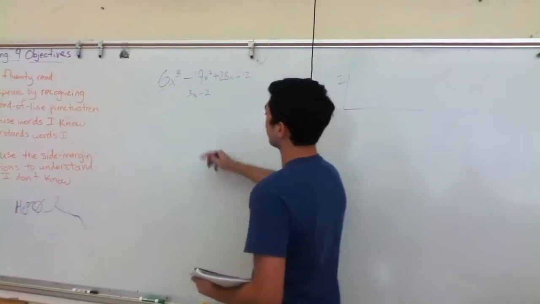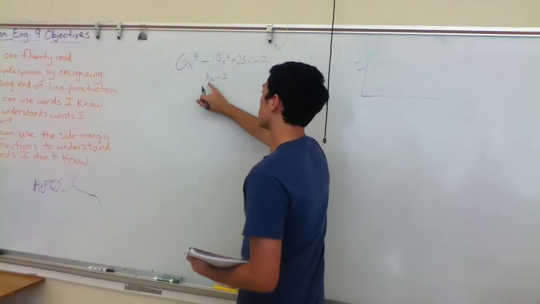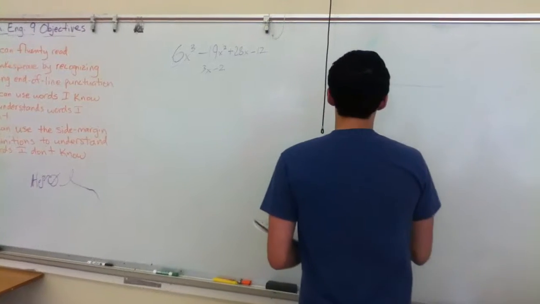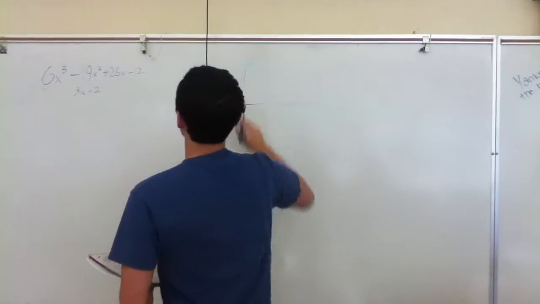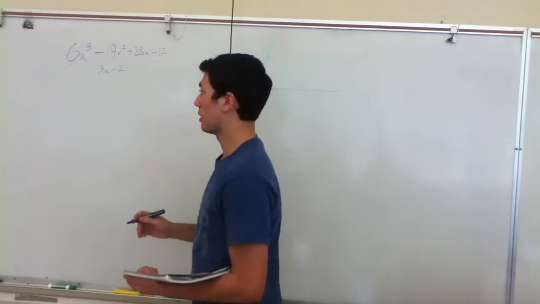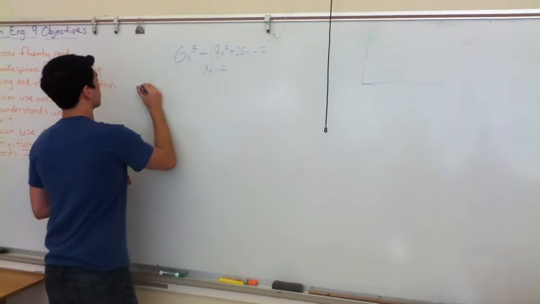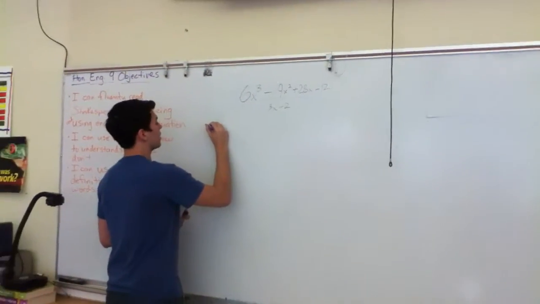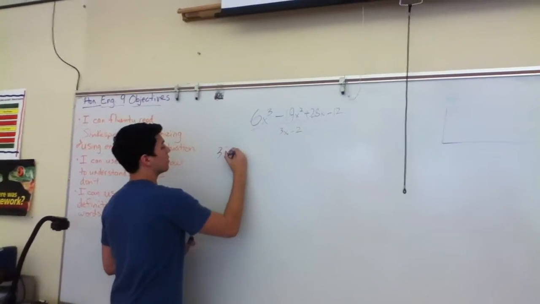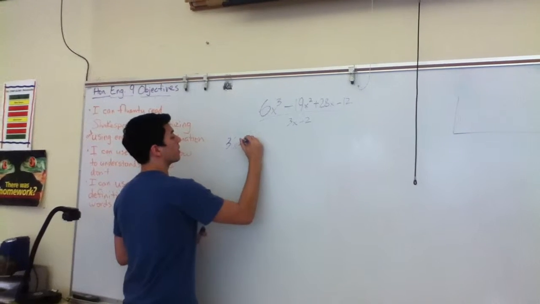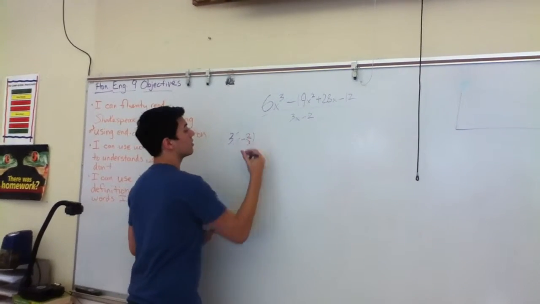But that is preventing us from doing it because in order to do that, we'd have to assume that the coefficient on x is 1. So let's make the coefficient on x 1. So let's simplify that, or well, desimplify that. Let's factor out the 3. Rewrite it: 3 times x minus 2/3.